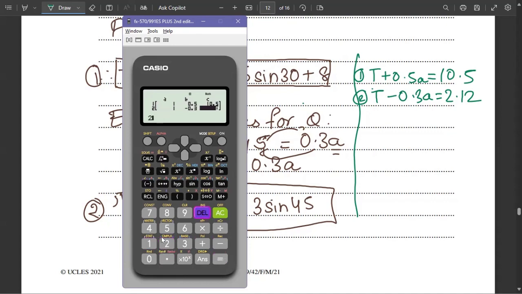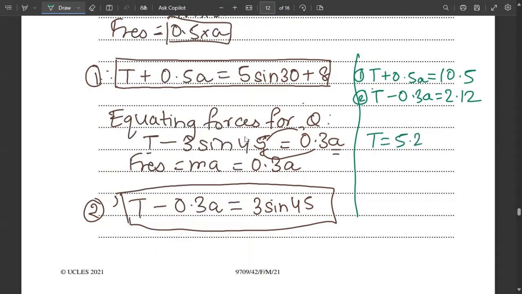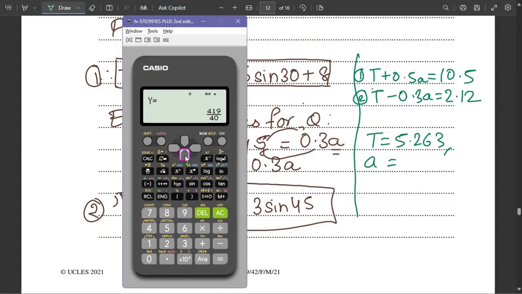2.12. Yeah. So the answer is 5.263. So the value for T is 5.263 and the value for A is 10.48.